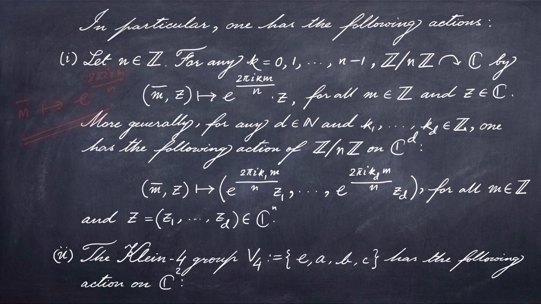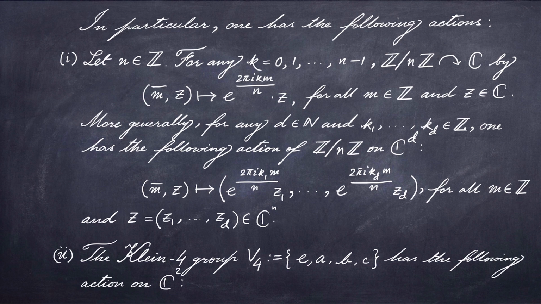So in view of this homomorphism from Z modulo nZ to GL of C, which is nothing but C star, from that representation we get this action of Z modulo nZ on C, and in fact working component wise we thus obtain an action of Z modulo nZ on C^d for any positive integer d.